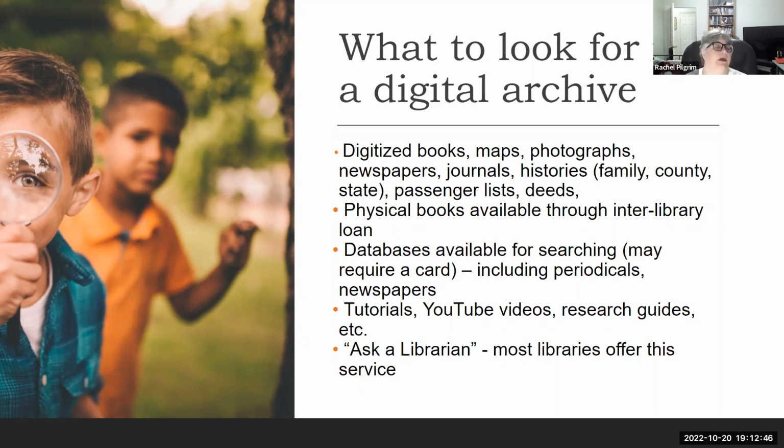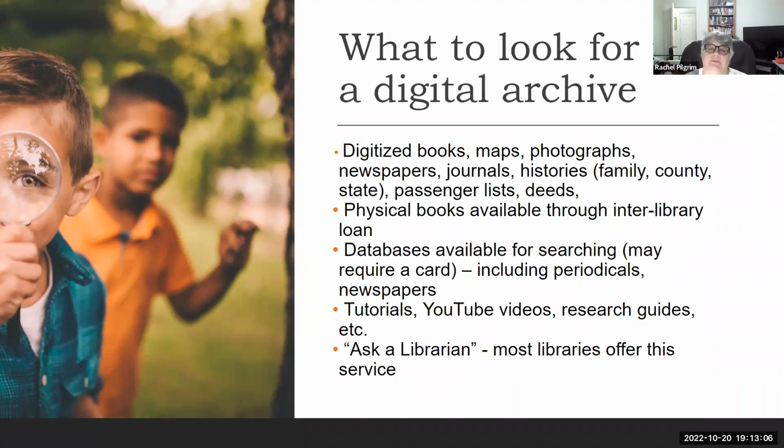And so if you're doing research in another state and there may be a physical book that might have information that pertains to you, you can check with your local library to see if you could get that through an interlibrary loan by looking in their digital catalog or their archive.